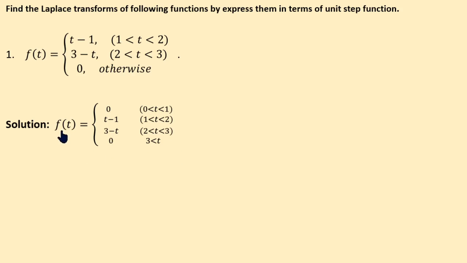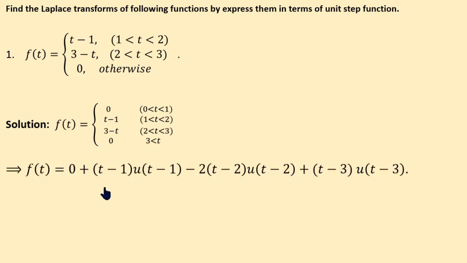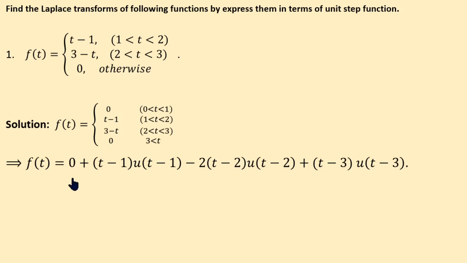Therefore, we can express this f of t in terms of unit step functions: the first function, that is 0, plus the second function minus the first function, t minus 1 minus 0, that is t minus 1, into the unit step function u of t minus 1.